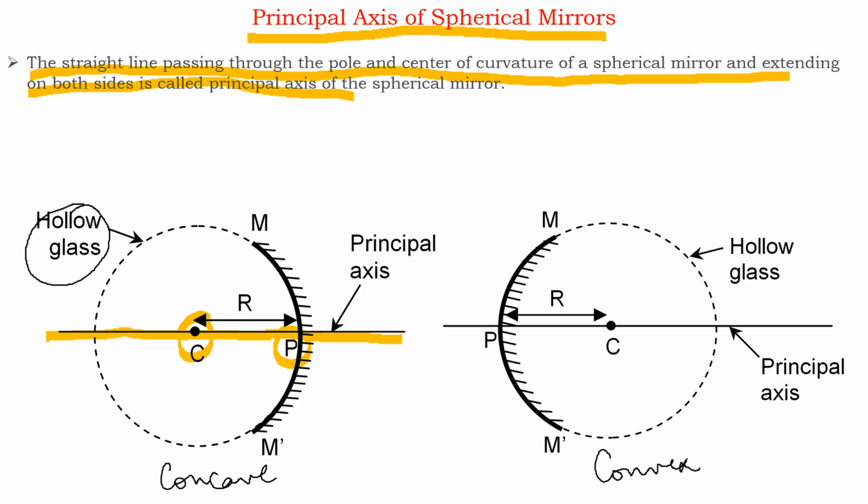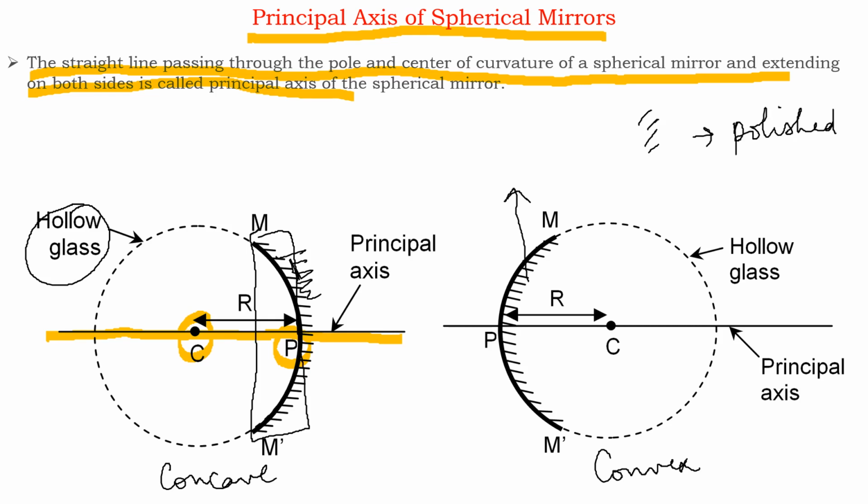Just imagine a ball made up of glass and we are cutting this part of the ball and then we are polishing this part. Wherever the lines are there, it means polished surface. So one is the polished surface and the other one is the reflecting surface. All the reflection will take place from this side, not from the polished side.